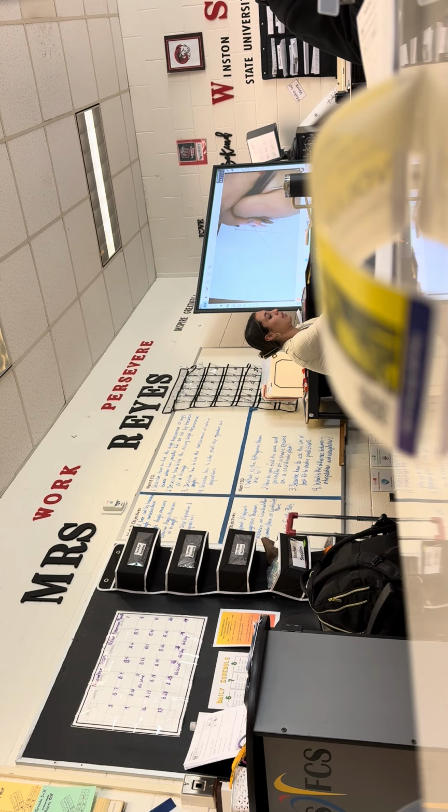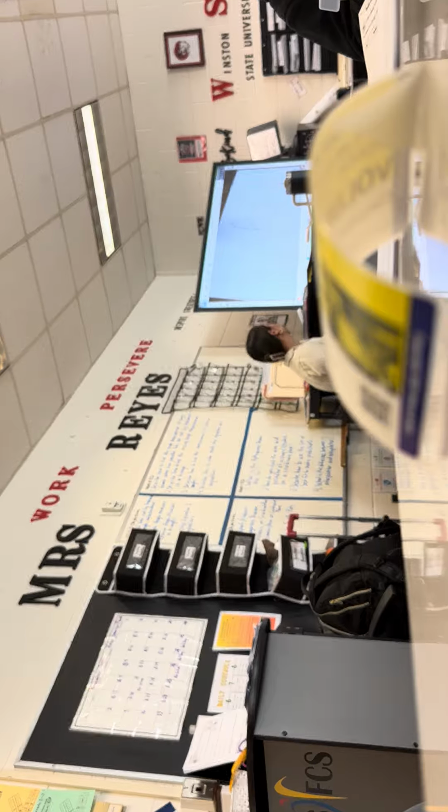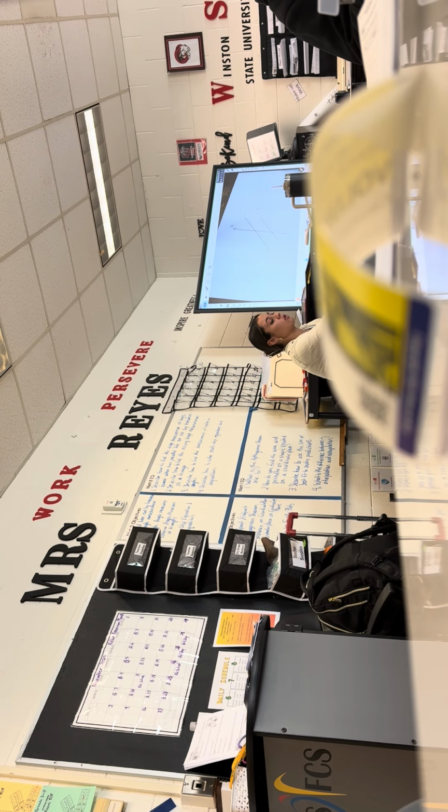So we have line A, and then B and C. And then we're also going to label our angles. So we have angles 1 through 8.